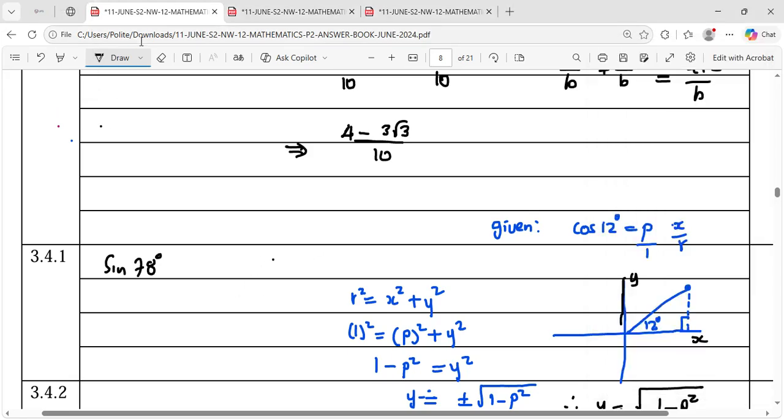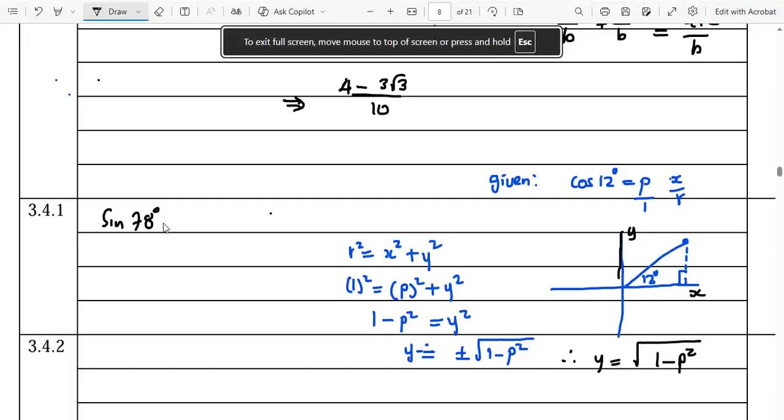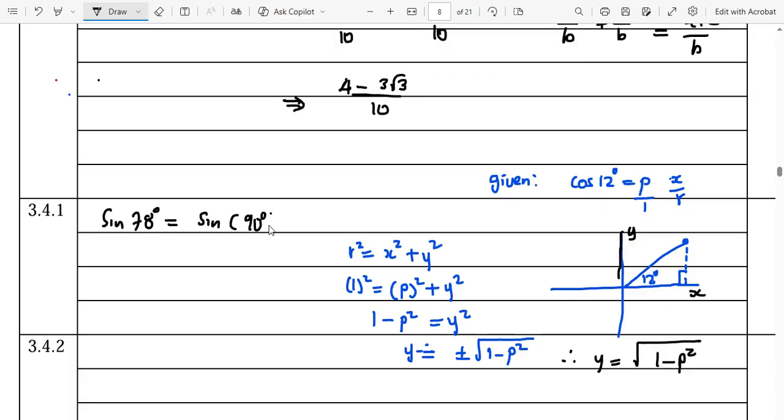So this tells you that we can write this equation and say this is the sine of 90 degrees minus 12, because we know that 90 minus 12 is 78.